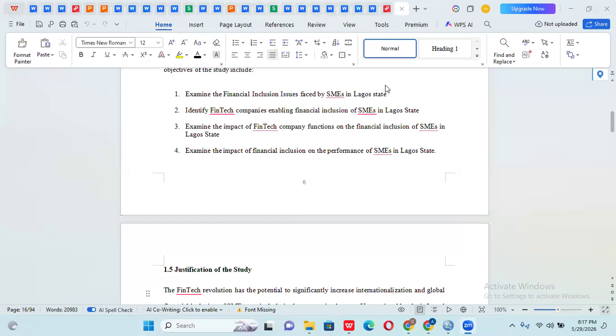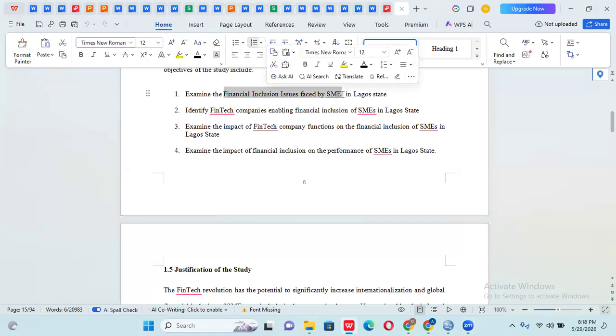So, examine the financial inclusion issues faced by SMEs in Lagos State. This is a singular variable objective. Financial inclusion issues faced by SMEs is the variable. Looking at this objective, yesterday I told us we are going to use descriptive analysis to analyze it.